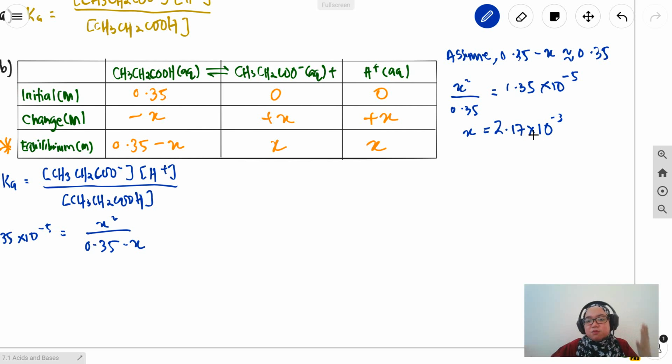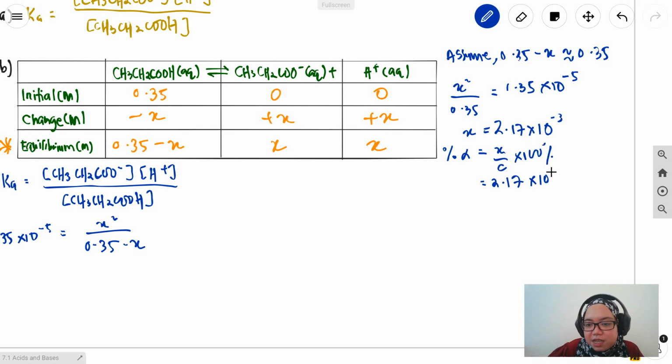So, kita kena assume dia punya percentage of dissociation less than 5% or tak kan? So, we cakap, percentage of dissociation is equals to x over c initial times 100%, which equals to 2.17 times 10 negative 3 divide by 0.35 times 100%.